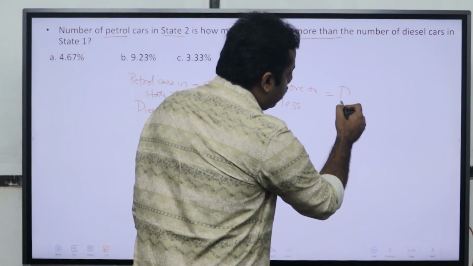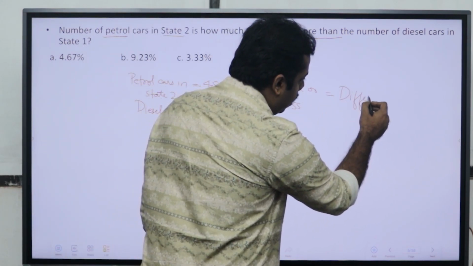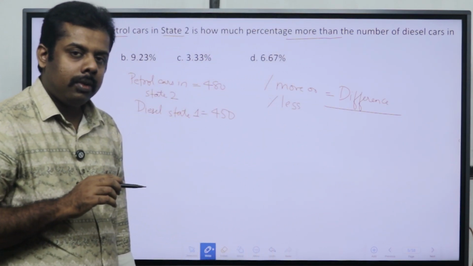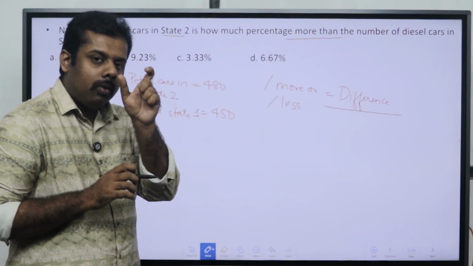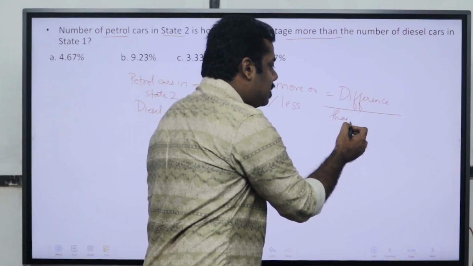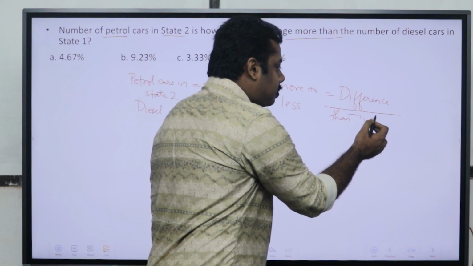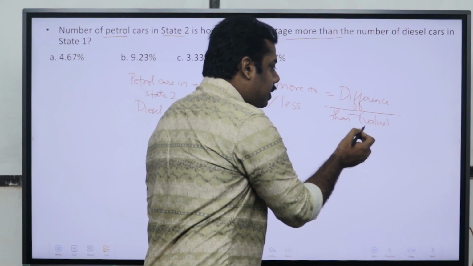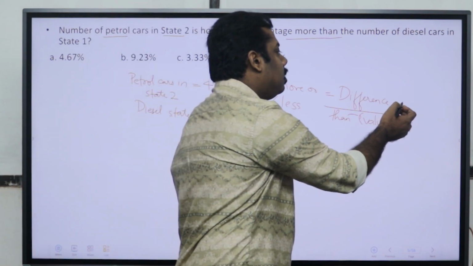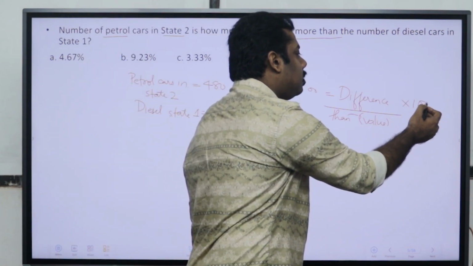In the numerator we have to find the difference, and in the denominator we had stressed a word called "than". The value which is said after "than" has to be taken in the denominator, and then this term has to be multiplied with 100.